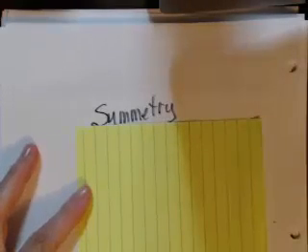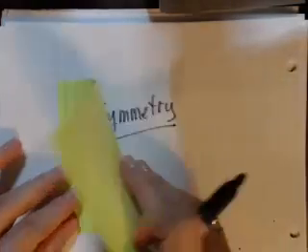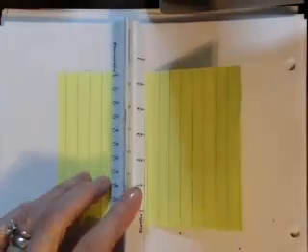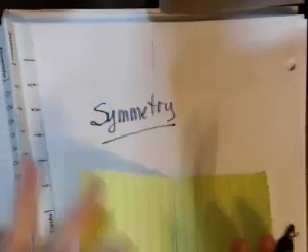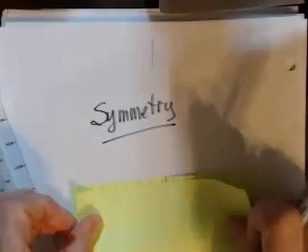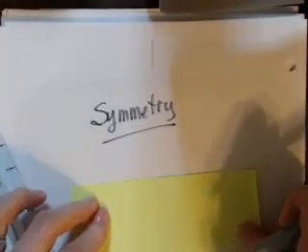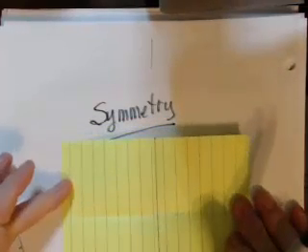So if I take this shape, this rectangle, and I fold it onto itself, and the right maps to the left, then it has a vertical line symmetry. If I can fold from the bottom to the top and have it mapped to itself, then I have horizontal line symmetry.